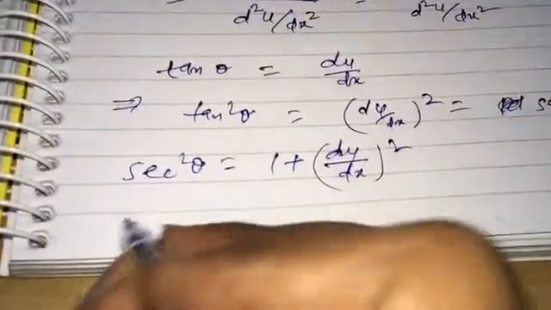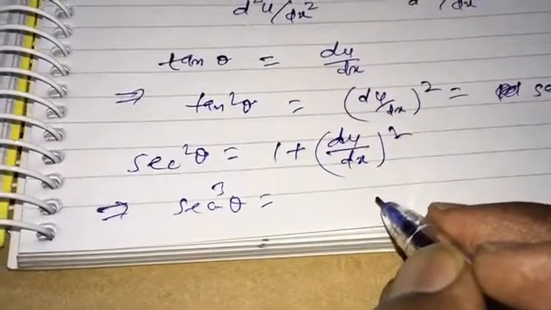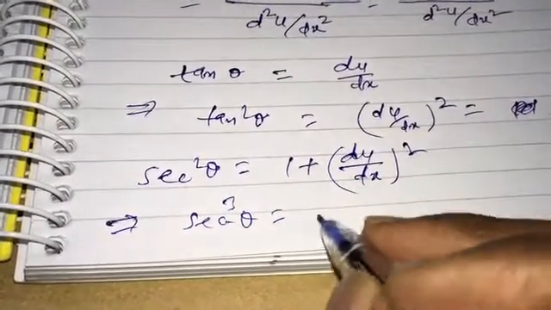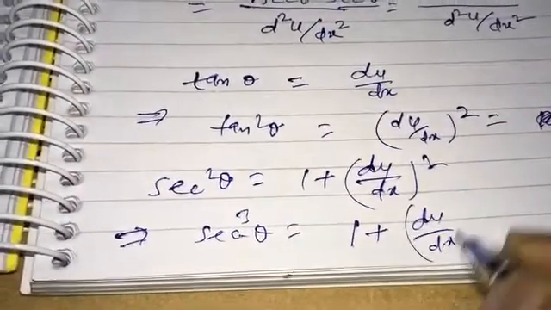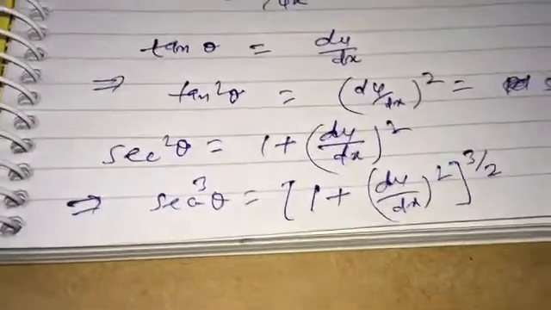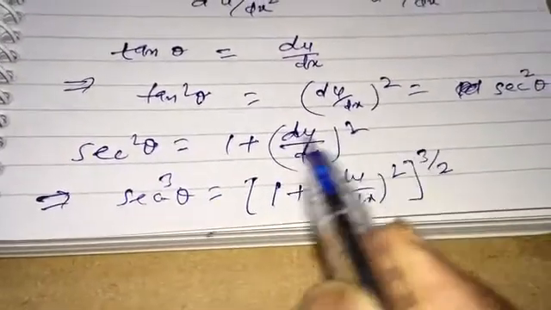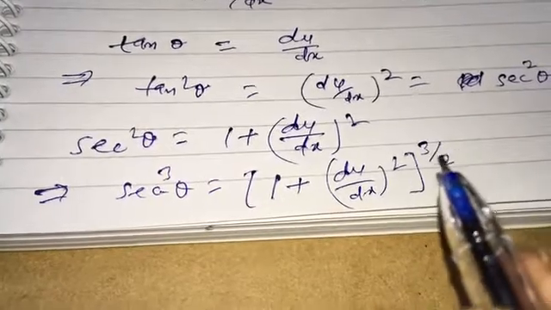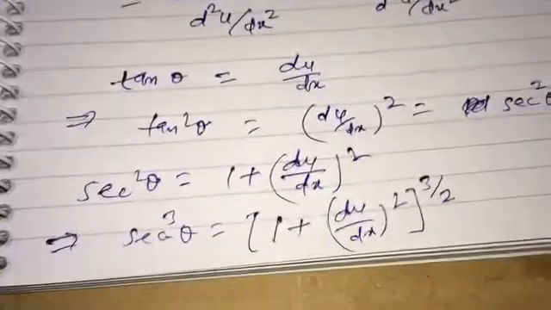And hence we also get sec cube theta equal to 1 plus du over dx square, and the power will be 3 over 2. Because sec square theta is like this, sec theta becomes the root of this, so sec cube theta becomes 3 times half, so 3 over 2.